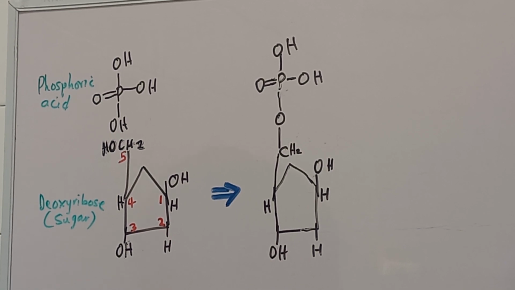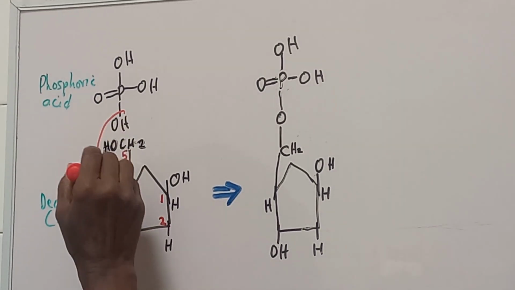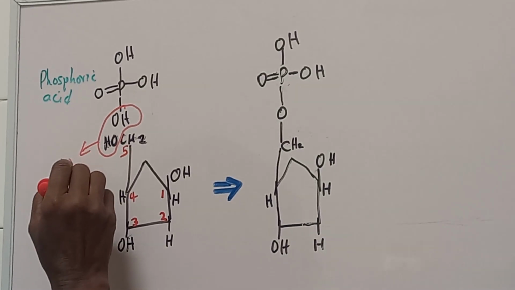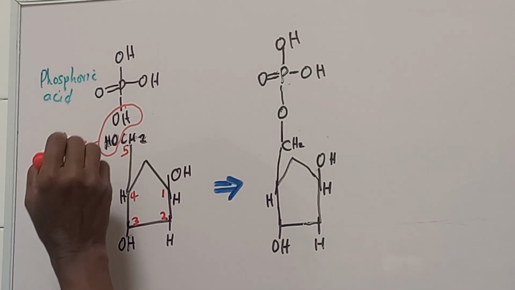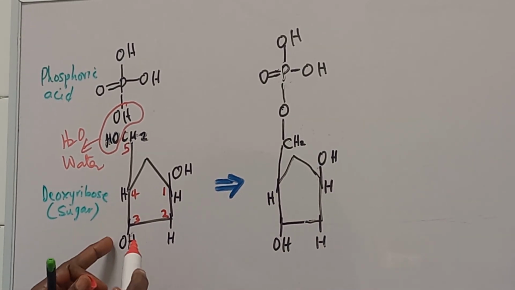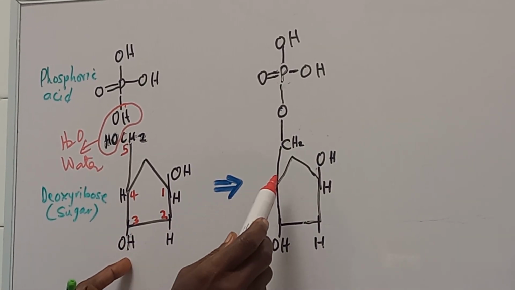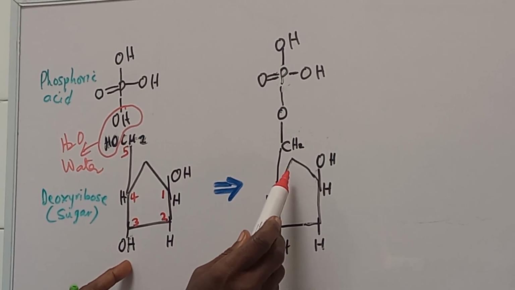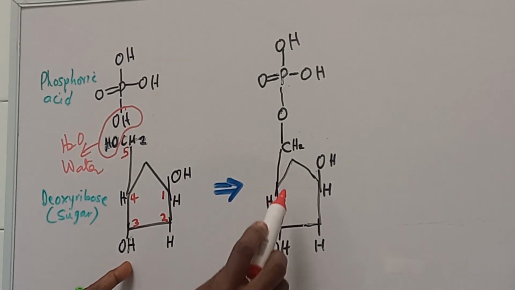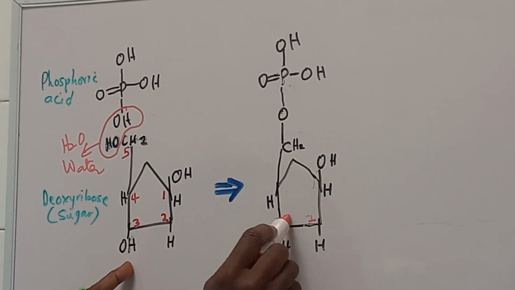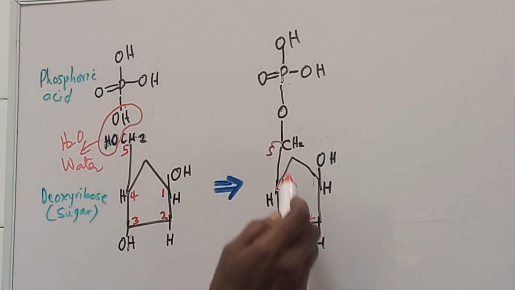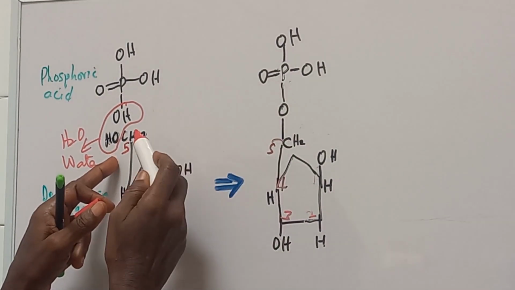So the link is here, and this water is removed. H2O, water is out. And so you end up with this. So this is the sugar and phosphate. This is the result of it. The sugar and the phosphate, that's the link.